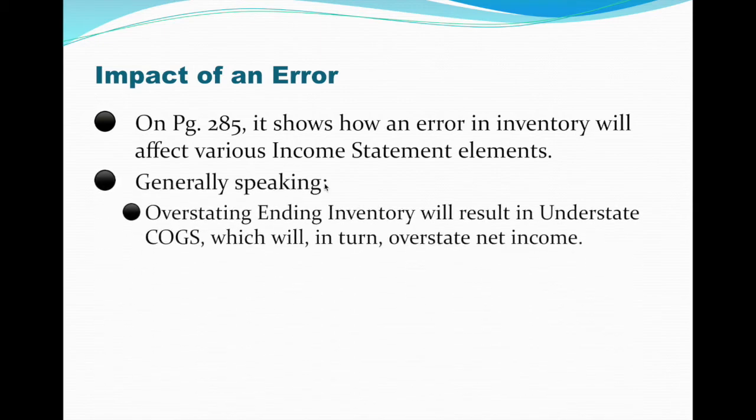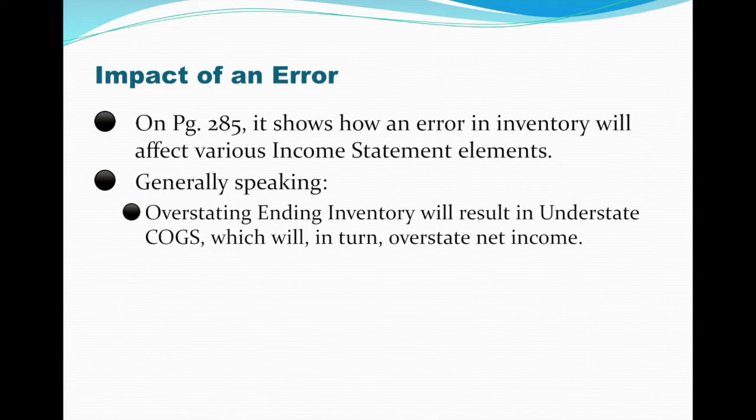Generally speaking, I wrote this out just to give you the general idea of how the effects of errors ripple out. So overstating ending inventory will result in an understatement of COGS. So you overstate how much inventory you're left with, which means you're understating how much the cost of goods sold was.